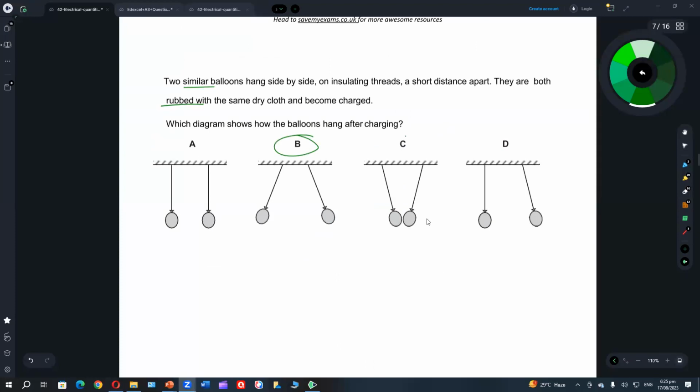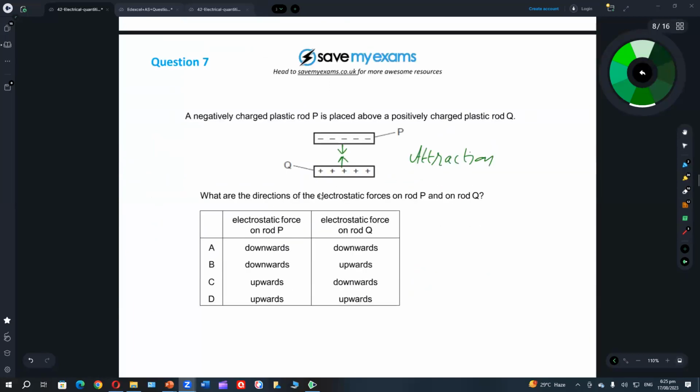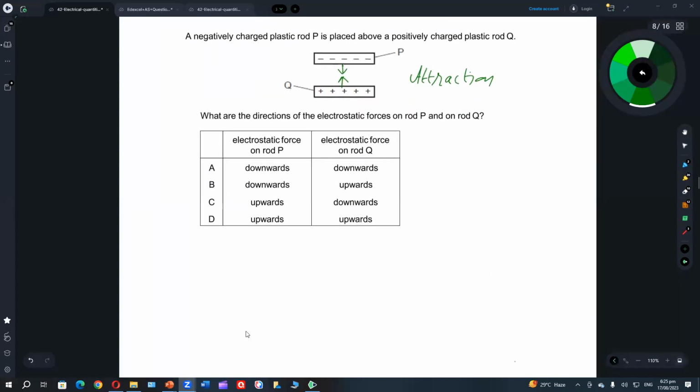The answer for this question was B, because like charges are produced, and now we are discussing this question. B. Right. Hamad, give your answer. Yeah.